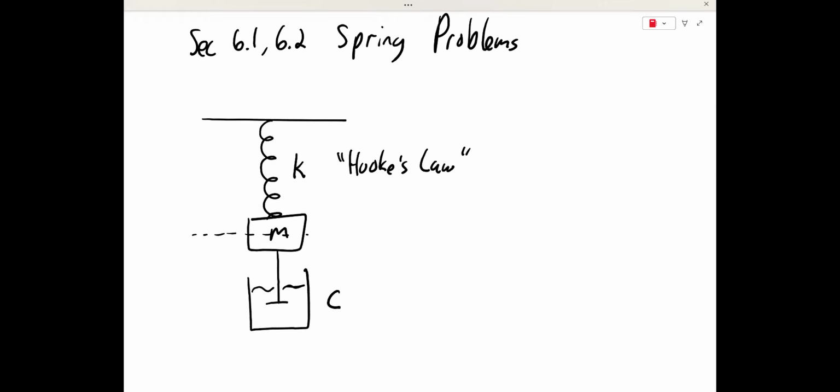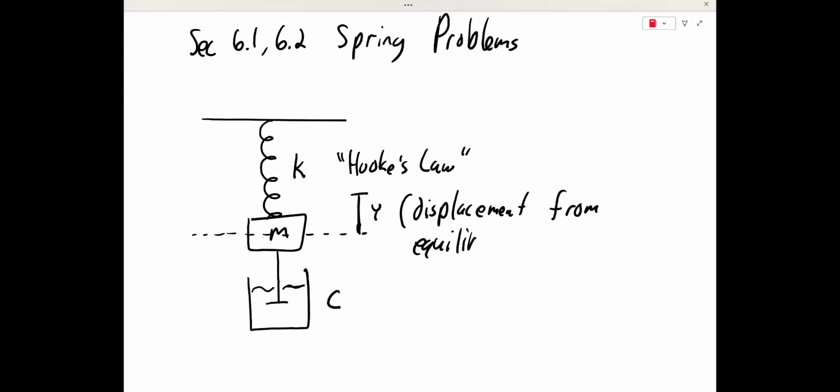Let's say there's an equilibrium position, and the distance off of equilibrium is y here. That's called the displacement from the equilibrium position, with the mass hanging on it.